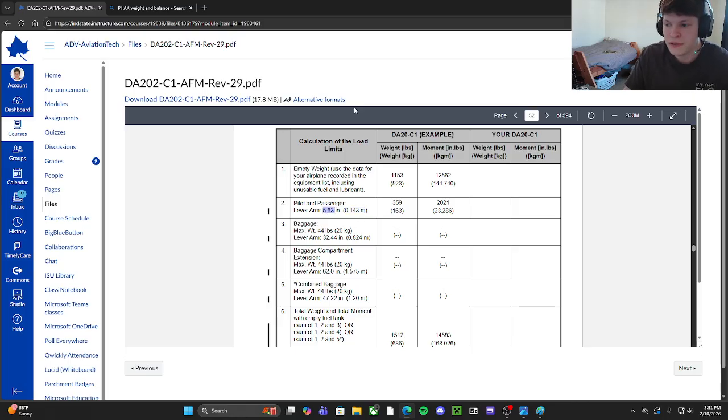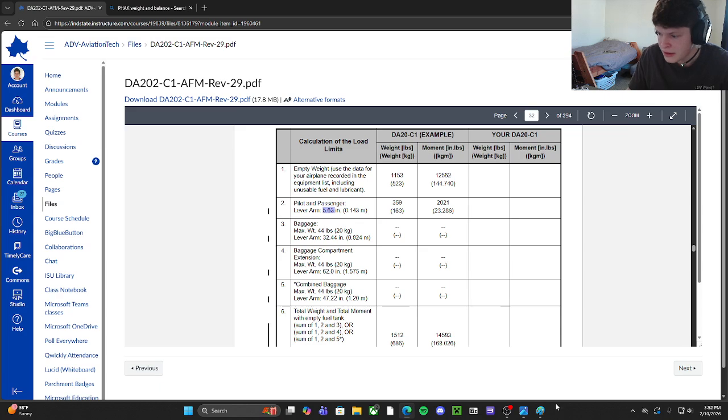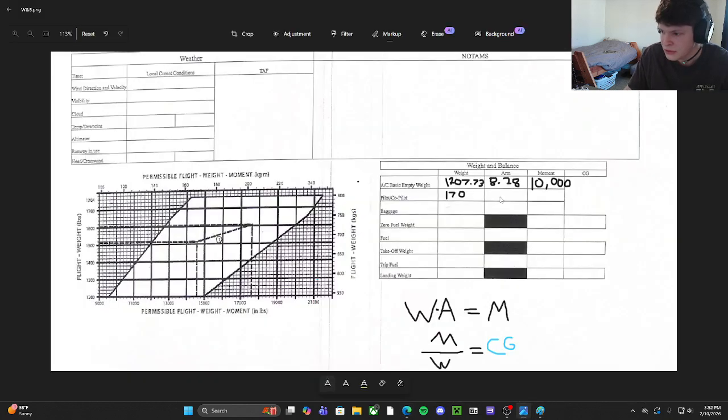But 5.63 inches. So now if I look at my thing right here, I find pilot and co-pilot. That's who we are. Let's say that I am flying by myself right now. So I weigh 170. So I would put my weight in of 170. And that arm we determined was 5.63 inches.